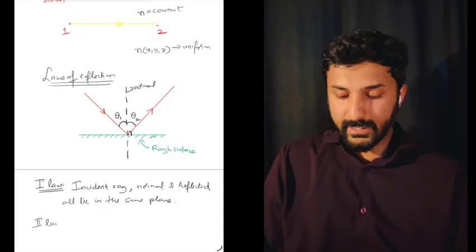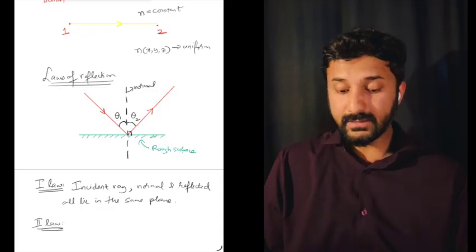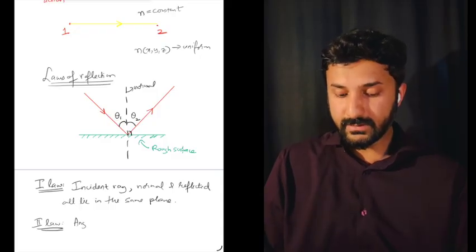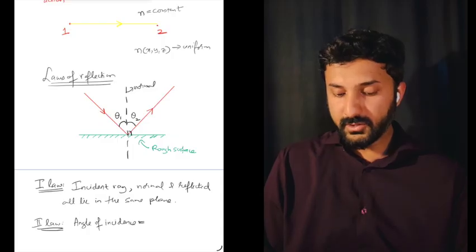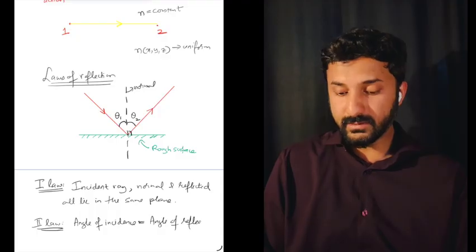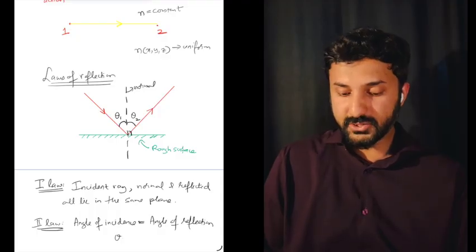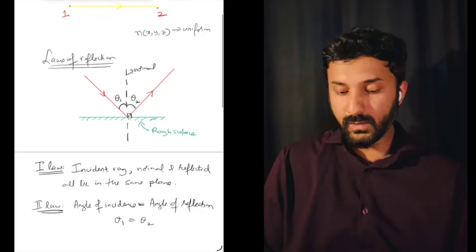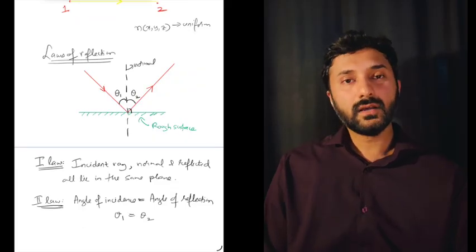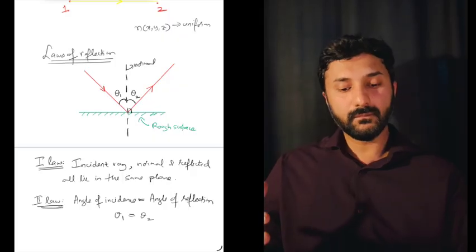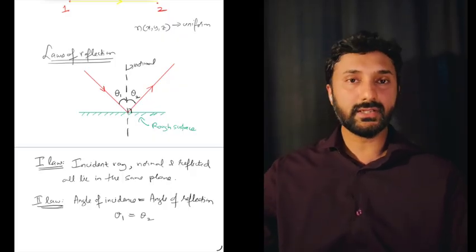And then there is this second law of reflection that says that the angle of incidence, which we're calling θ1 here, is going to be equal to the angle of reflection. So these two angles, θ1 and θ2, are going to be equal. So that makes light go in a particular direction.